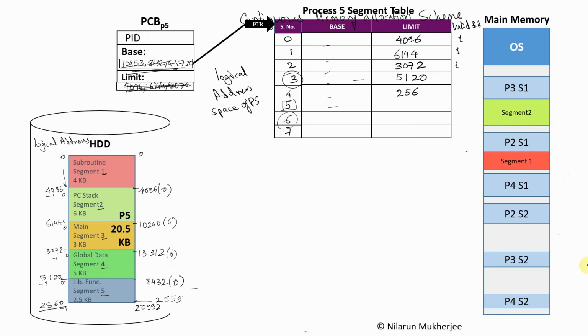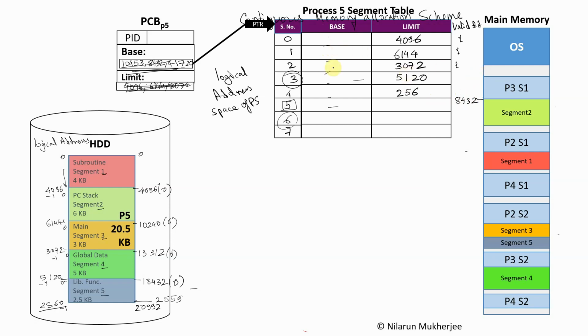We can load the segments in any hole available. Segment 2 is loaded here, segment 1 is loaded from here, segment 3 is loaded here, segment 5 is loaded after segment 3, segment 4 is loaded here. So how to mark that? So segment 2 will start from, we assume, 8432.